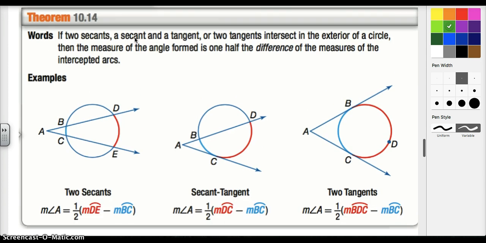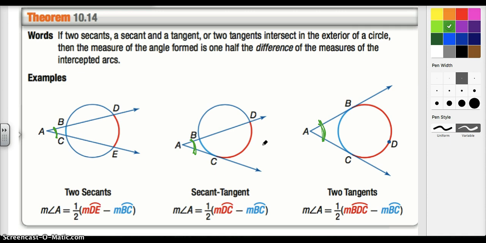If two secants, a secant and a tangent, or two tangents intersect in the exterior of a circle, then the measure of the angle formed is 1/2 the difference of the measures of the intercepted arcs. So angle A in each of these cases would be the measure of arc DE minus the measure of arc BC, divided in half.